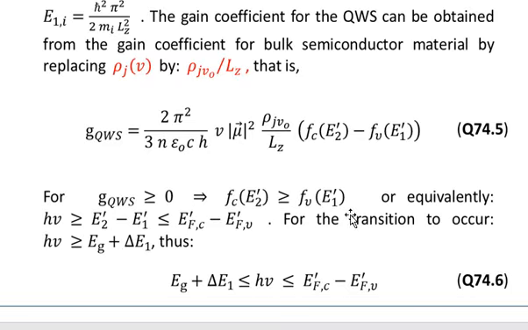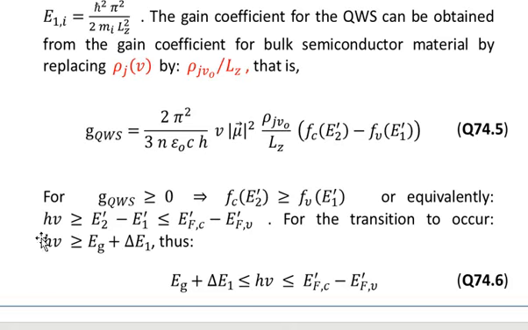Or equivalently, we can say that h nu is greater than or equal to E2 prime minus E1 prime, and that is less than or equal to E prime FC minus E prime FV.